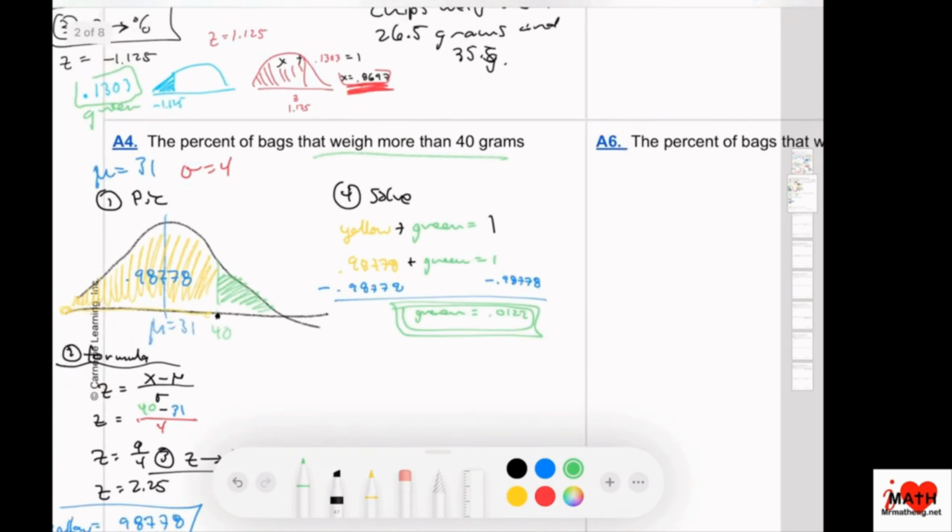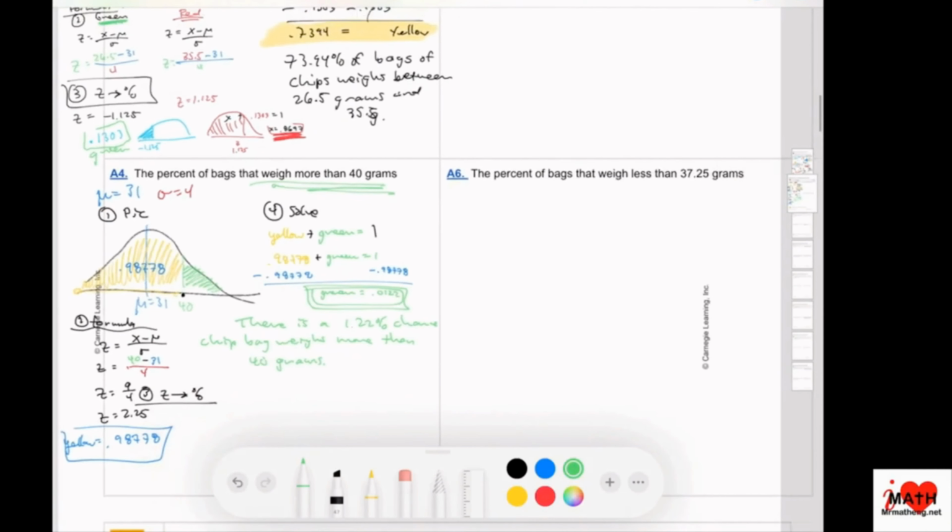This means that there is a 1.22% chance that the chip bag, now I'm using the sentence, right, weighs more than 40 grams. And that's A4. Let's try A5.